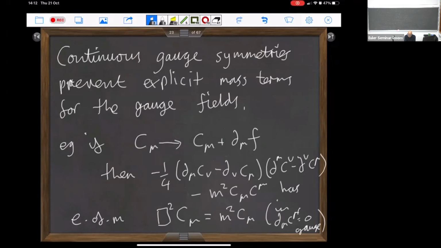So, first of all, gauge symmetries prevent explicit mass terms for the gauge fields themselves.